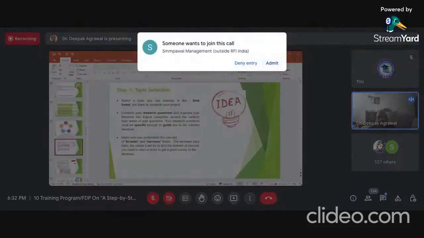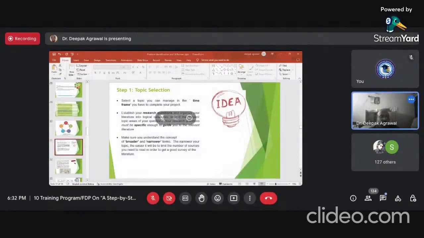So here is a description. Topic selection may be a time-consuming process, because ultimately it all depends upon your idea, what you actually want to do. If we are very clear, definitely we can save time.